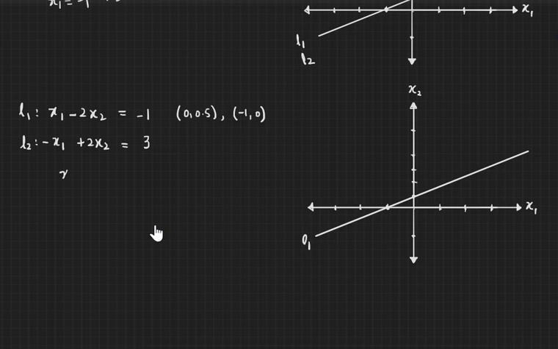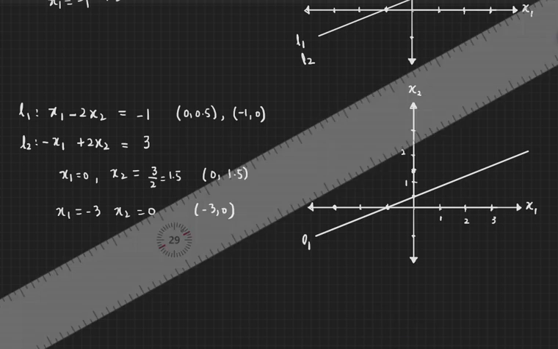Let's assume x1 equals 0, then x2 would be 3 upon 2, which is 1.5. And if we assume x2 equals 0, then x1 would be minus 3. Hence there are 2 points: 0 comma 1.5 and minus 3 comma 0. 0 comma 1.5 would be this point, and minus 3 comma 0 would be this point, so that should be minus 3 here. So these are the 2 points on the straight line L2.